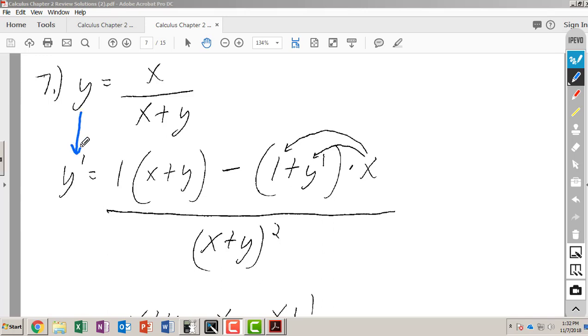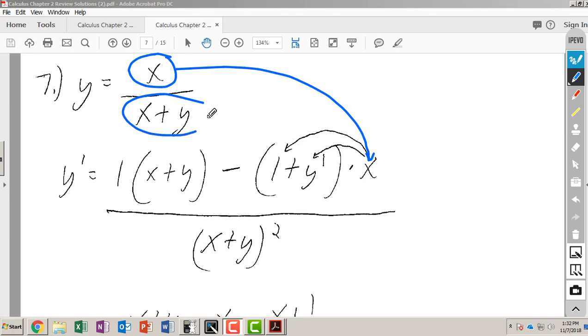Now over here, I'm going to have to use my quotient rule. So my quotient rule says the following. It says take the derivative of the numerator, so the derivative of x is going to be 1, times the denominator, which is x plus y. And then next comes my minus sign. And now I leave the numerator the same, so that is x times the derivative of the denominator, which is x plus y.